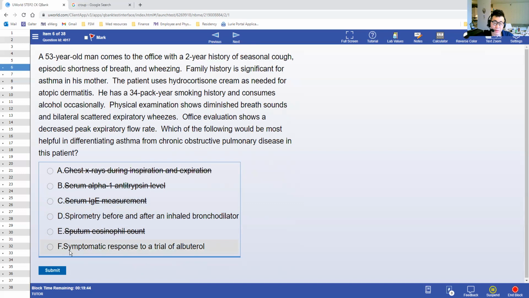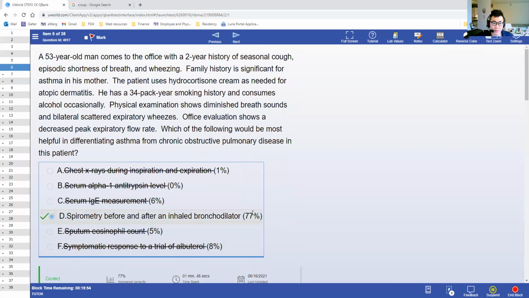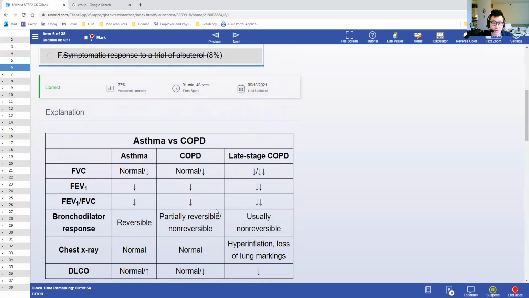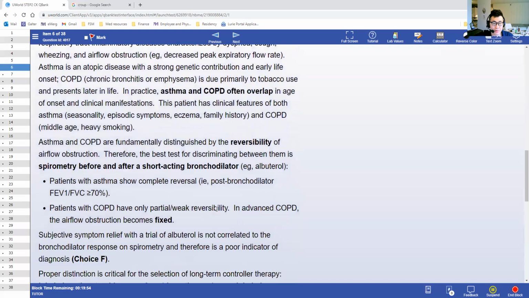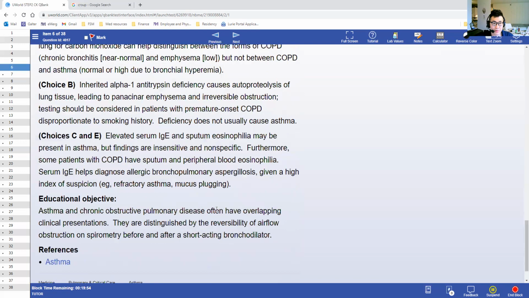Symptomatic response to a trial of albuterol. No, I guess you could, but spirometry will give you a much better answer and it's more quantitative and objective, with delta. And this one I did get right. Woohoo, finally. Reversibility of airflow obstruction.